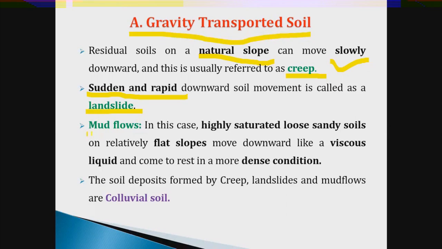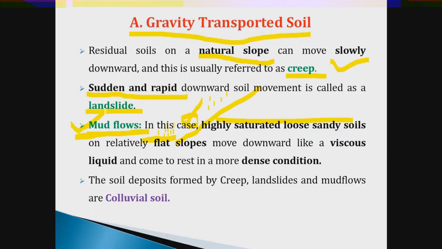Now, mud flow. Mud flow is a case in which highly saturated loose sandy soil on a flat surface comes downward and achieves a more dense and compact condition on a flat surface, in which case it is called a mud flow.